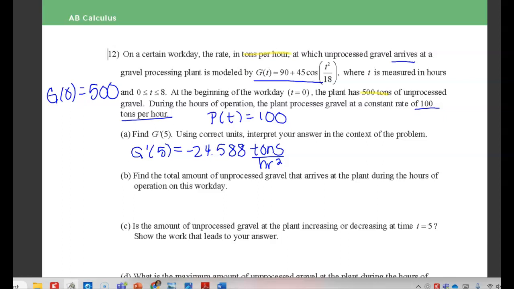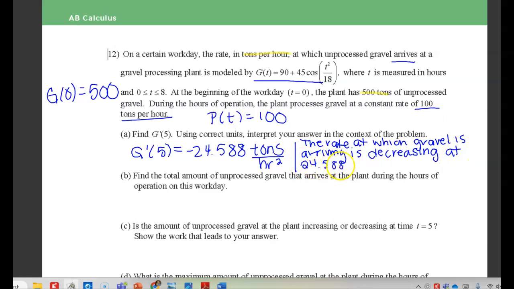And this means that the rate at which gravel is arriving, because remember G represents arriving, is negative, which implies decreasing at 24.588 tons per hour at hour 5.